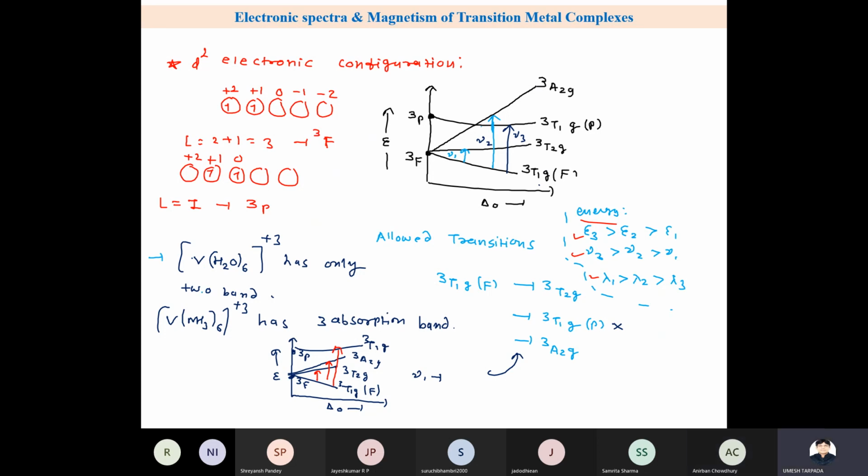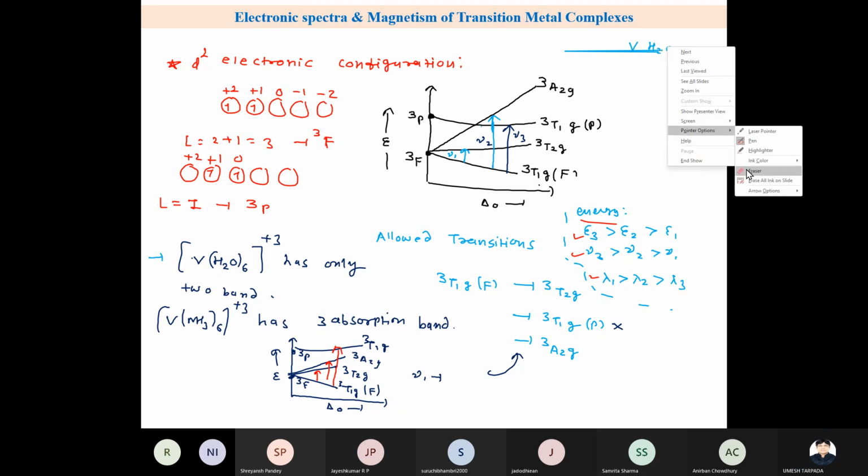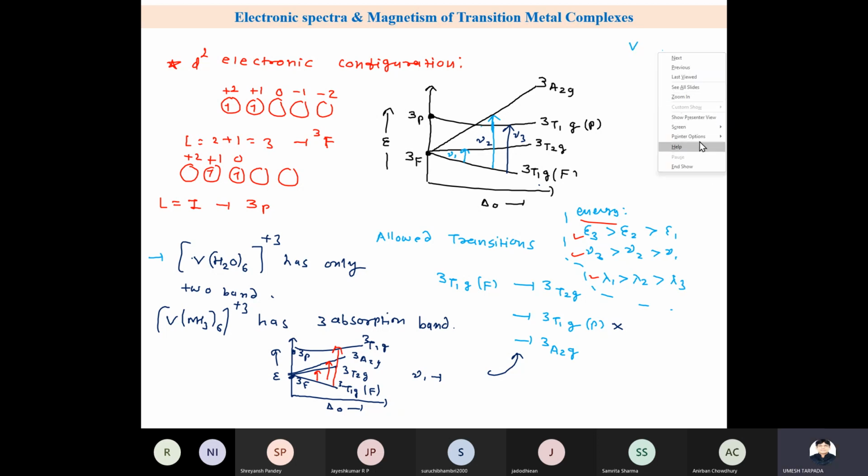Vanadium H2O 6 shows 2 band with nu 1 equal to 1700 and nu 2 equal to 2100 centimeter inverse. Then what is its 10 DQ value?